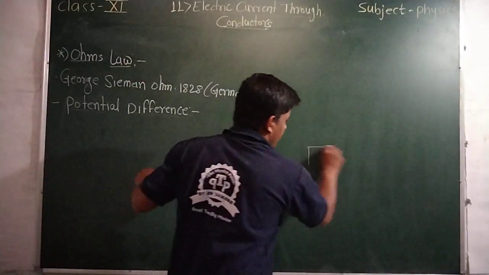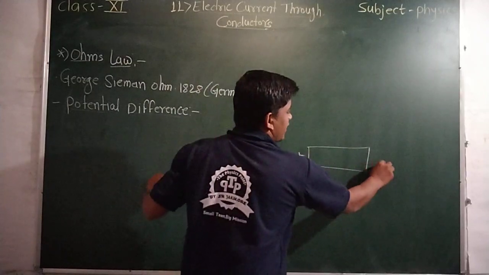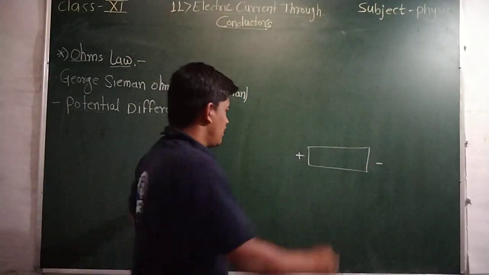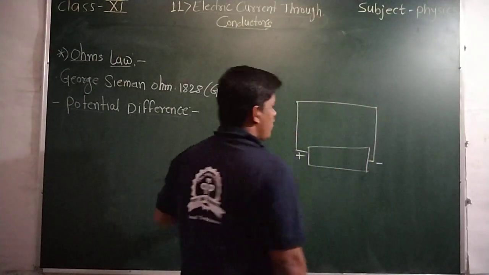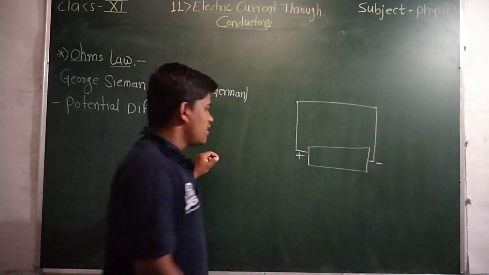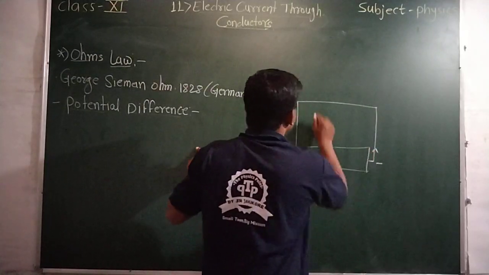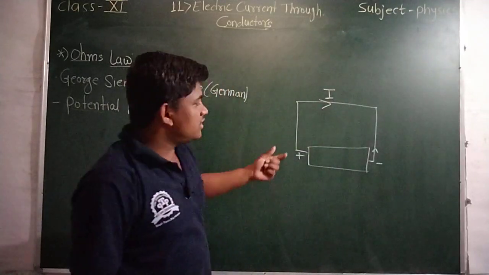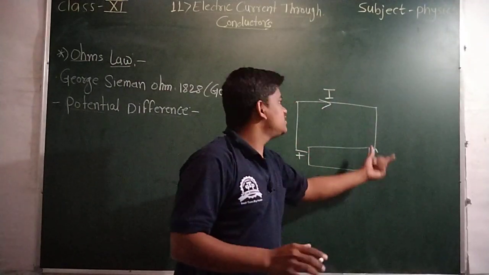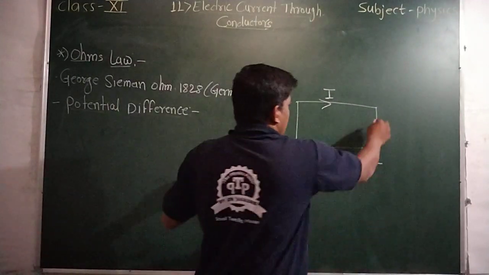This is the cell, with positive and negative charges. Then this is the conductor, which I will draw here. The negative charges will be flowing in this direction and the current will be flowing in the other direction, since negative charges flow opposite to the direction of the current.